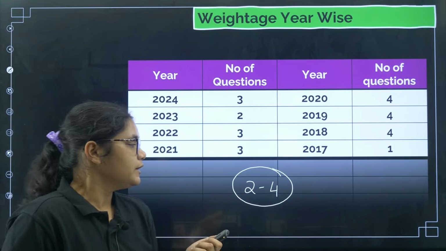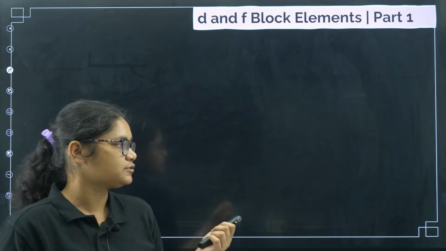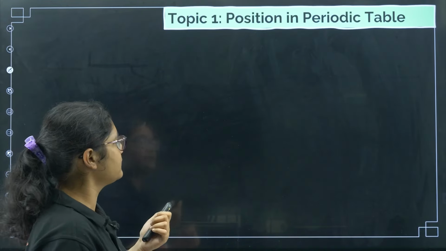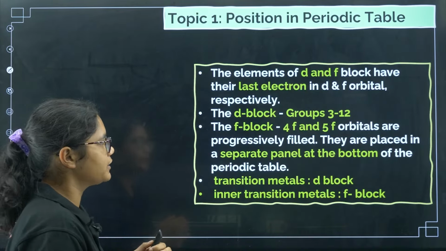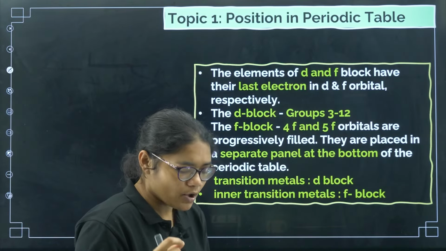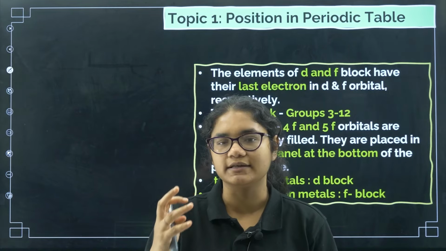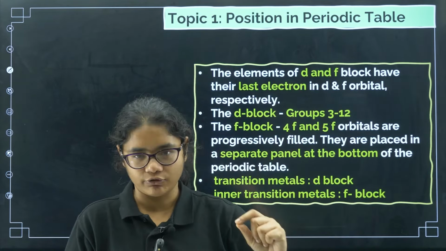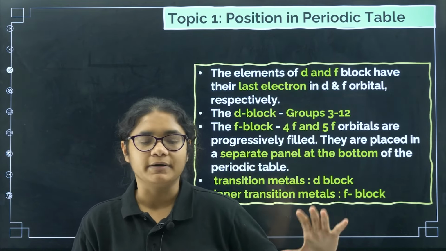Now, starting with part 1, today's topic, that is position in the periodic table and electronic configuration. First we'll discuss the position in the periodic table. Why are these elements called D and F block elements? What is the reason? That is common for all the blocks. Whenever the last electron enters a particular orbital, the element belongs to that particular block.